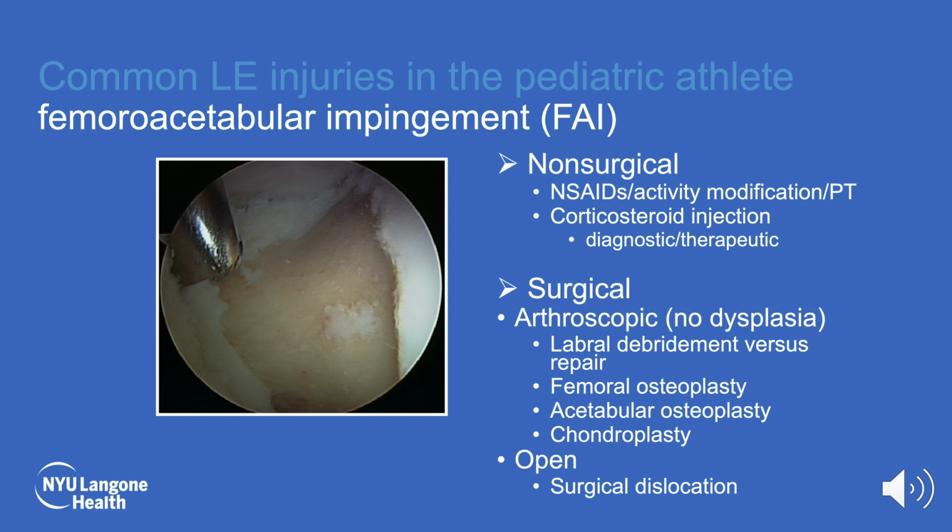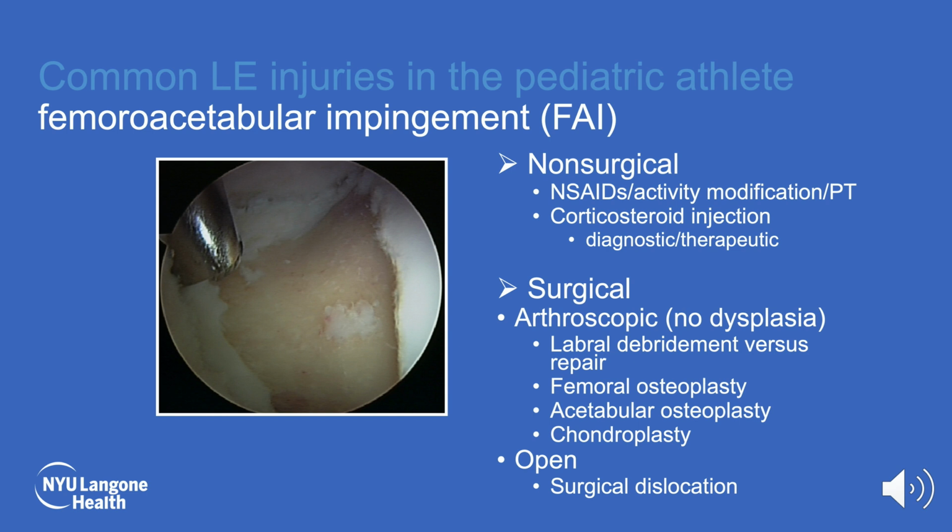FAI may be treated non-surgically initially, especially in children, with NSAIDs, activity modification, and PT. An important part of PT is pelvic tilt to unload the anterior hip. Again, a corticosteroid injection can be done, and this may be diagnostic and/or therapeutic.